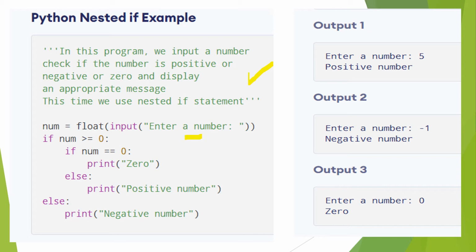If num is greater than or equal to 0, print positive number. If num equals 0, print 0. Else, if none, it is a negative number, then print negative number.